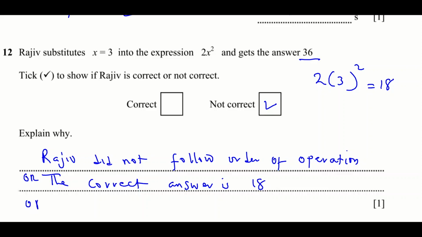Or you can say what Rajiv did to get 36: he did 2x and then everything squared. So this is 2 times 3, then everything squared. This will be 6 squared, which is 36.